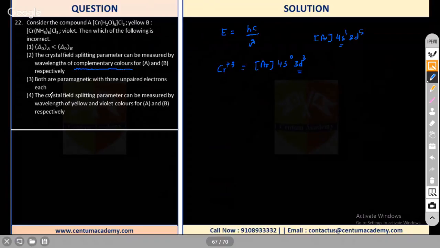Okay, so obviously fourth will be the answer. Now you see the fourth option, the crystal field splitting parameter can be measured by the wavelength of yellow and violet colors of A and B, which is not true, right? This option is not true, hence the answer will be option fourth, right?